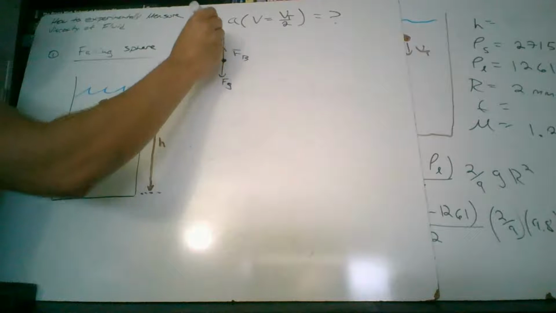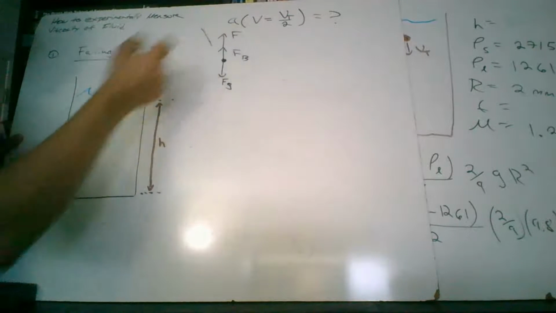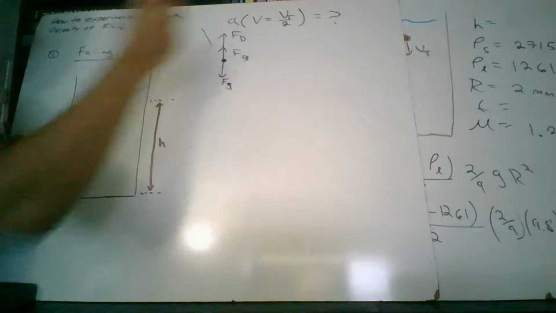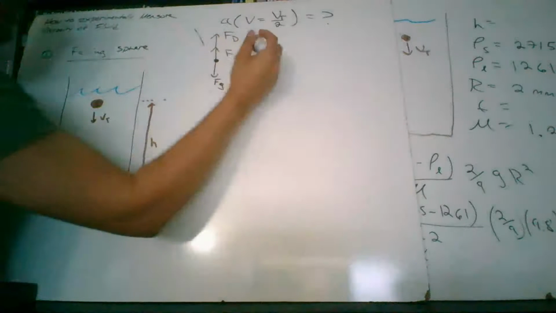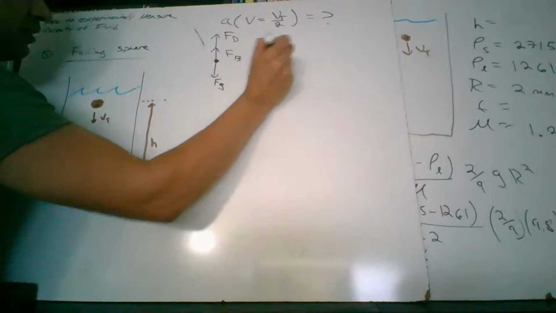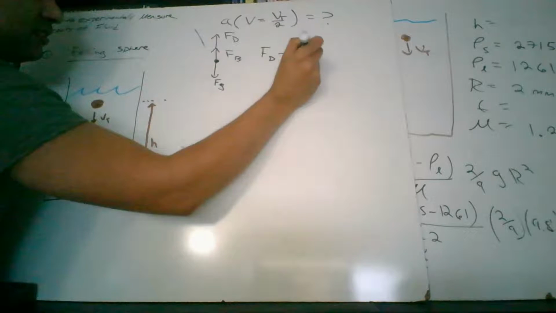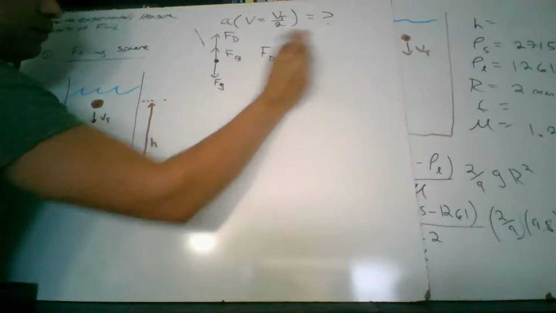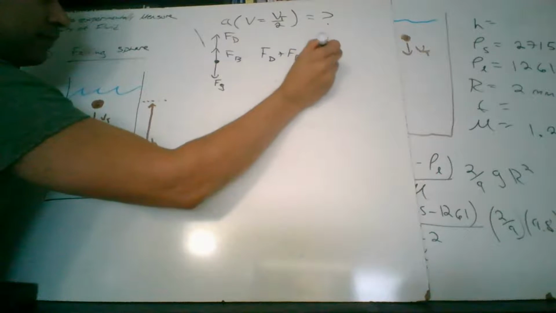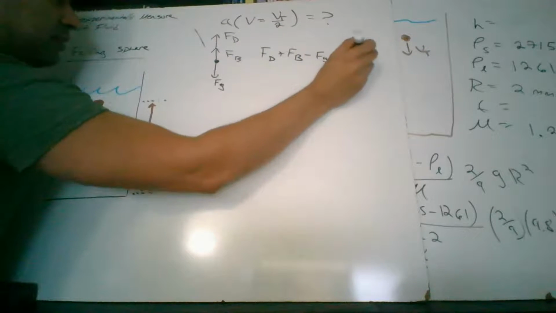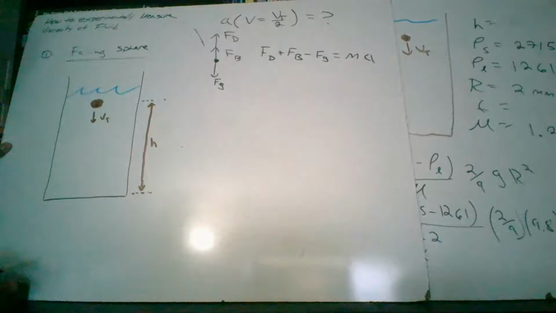There's also going to be a force opposing this thing from falling down, which is Stokes Law, and that's given by the drag force. And so if we do the sum of forces here, we would have the drag force plus the buoyancy force minus the force due to gravity equals the mass of the object times the acceleration of the object.